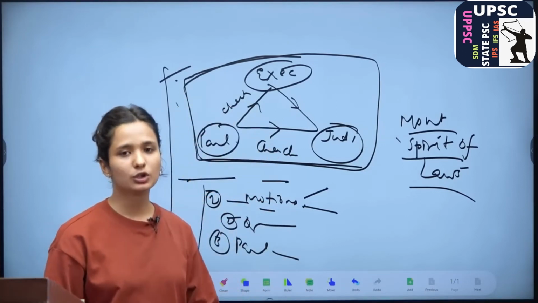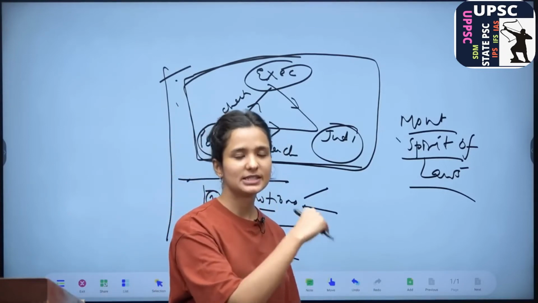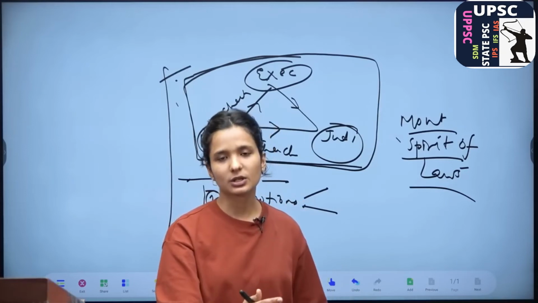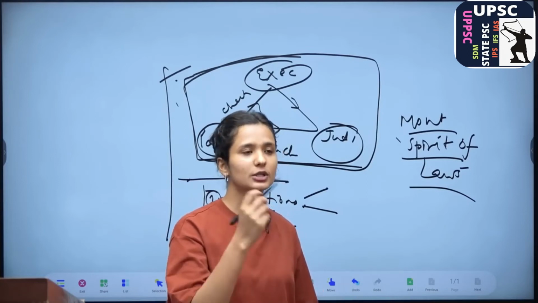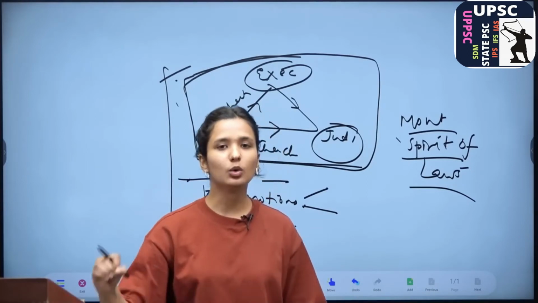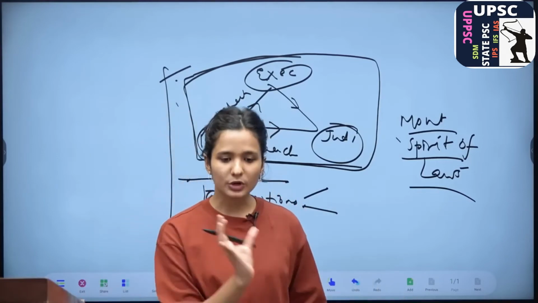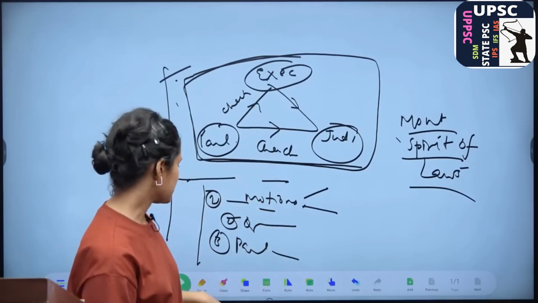Then end with a conclusion in terms of certain suggestions made by committees, say the second ARC, the NCRWC, the National Commission to Review the Working of the Constitution, or certain NGOs that have recommended that all bills should compulsorily go to the parliamentary committees to uphold the spirit of democracy. With positive words like spirit of democracy and committee recommendations, you can end this answer.